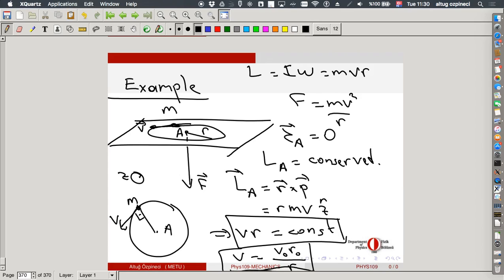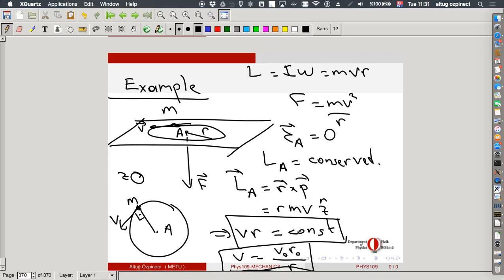In the case of this skier, since he is pulling in the masses, the moment of inertia, which is mass times r squared, gets smaller as you reduce the distance from the rotation axis. If I gets smaller and angular momentum is conserved, the angular velocity should increase. So when the skier closes his or her arms, she starts rotating with a larger angular velocity, just as in this example, if you pull the string, causing the mass to rotate in a smaller circle, as r gets smaller, its speed will increase.